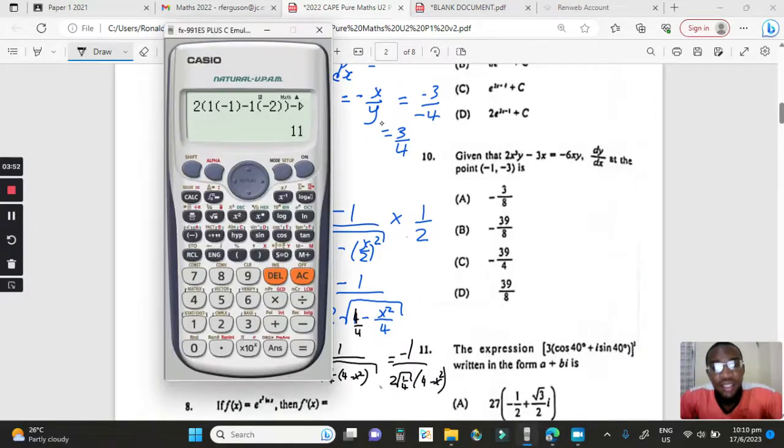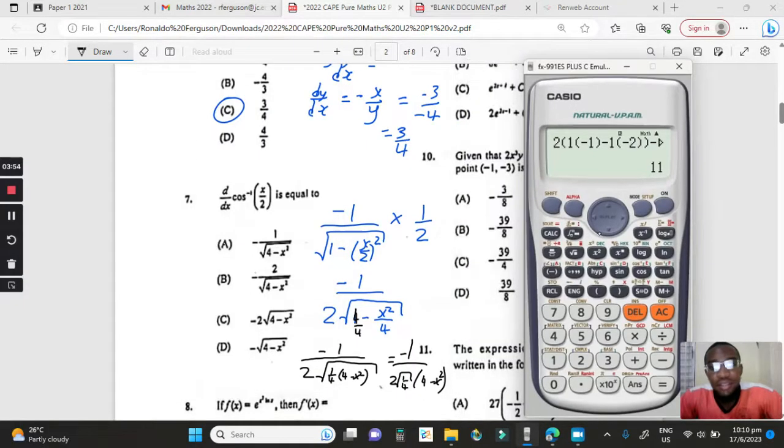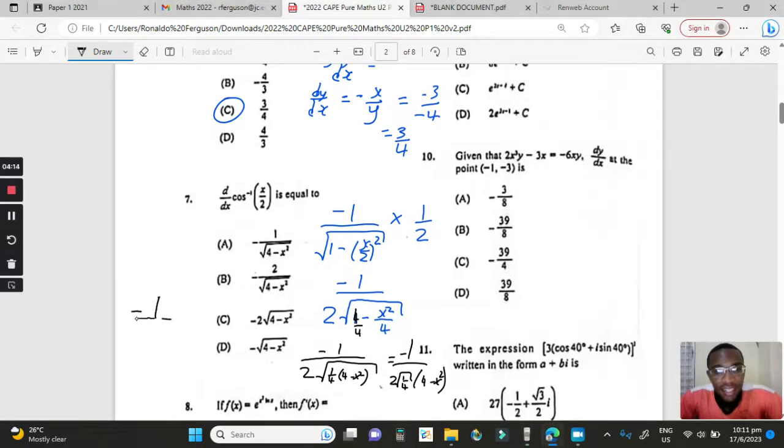Then I need to work out 2 times the square root of a quarter, which is 1. So in that case, notice that is just negative 1 over the square root of 4 minus x squared. Alright, so that's all.